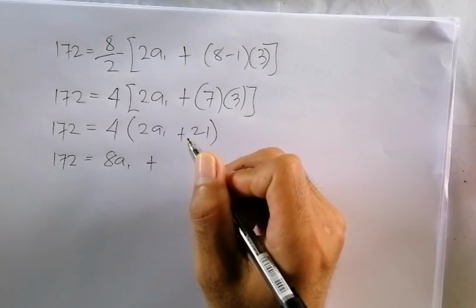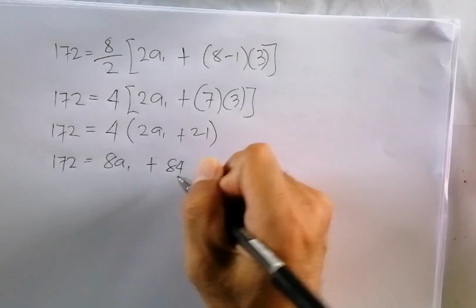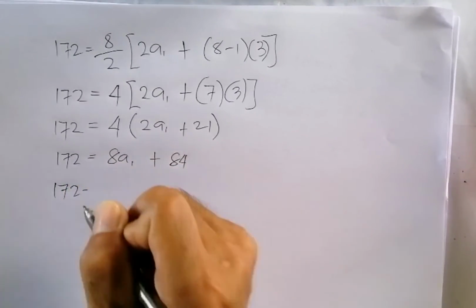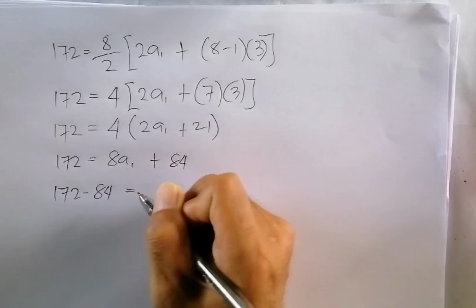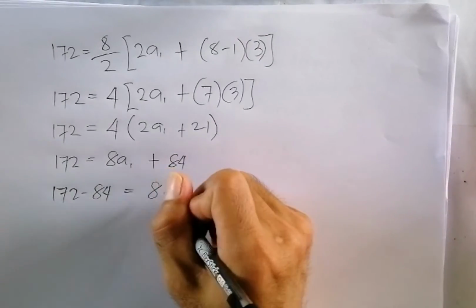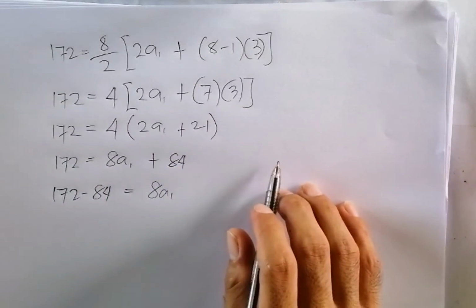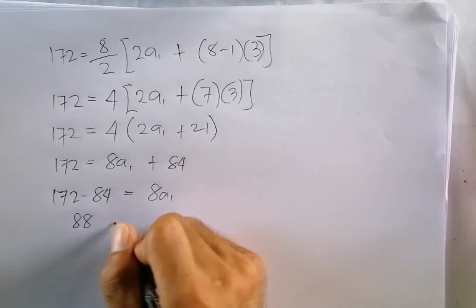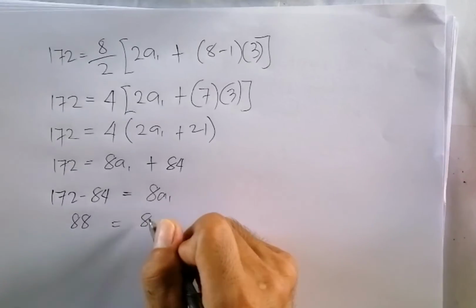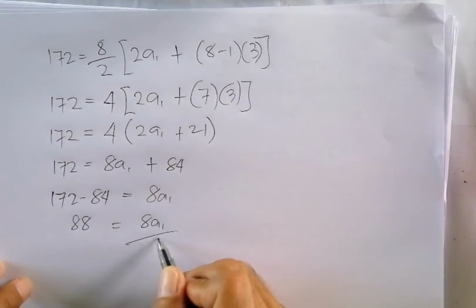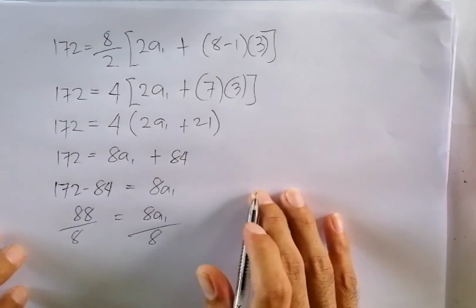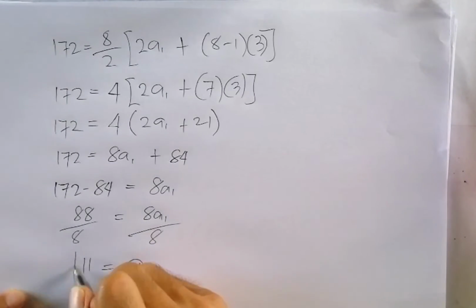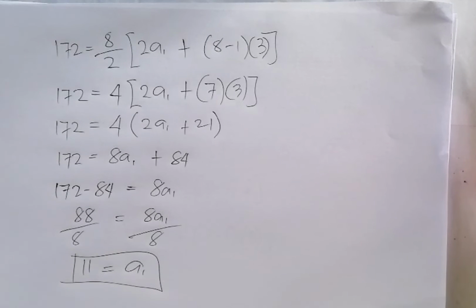Then 4 times 21, so that is equal to 84. So 172 minus 84 is equal to 8a. Then 172 minus 84 is equal to 88. Then 8a, a sub 1, so divide by 8, so a sub 1 is 11, so this is the first term.